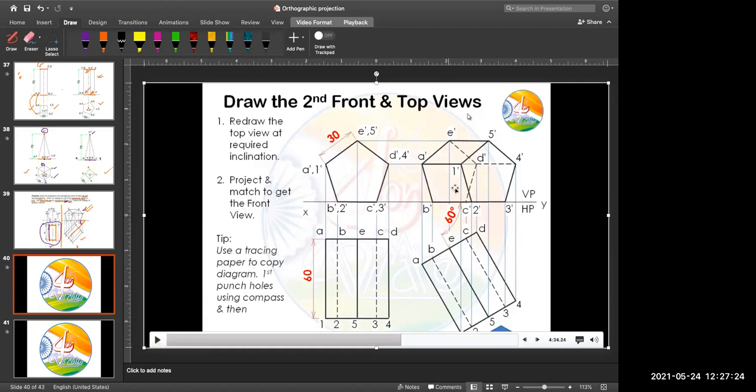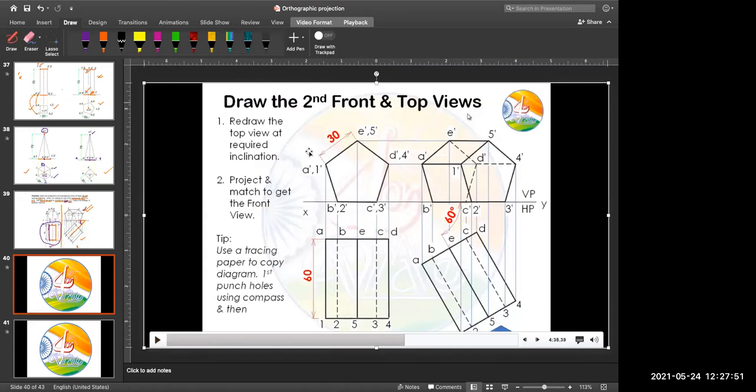So you can see how that prism will look. E, D and DC will not be visible. Similarly, the line connecting D and 4 will also not be visible from this side. So they are made as hidden lines. That completes our view.